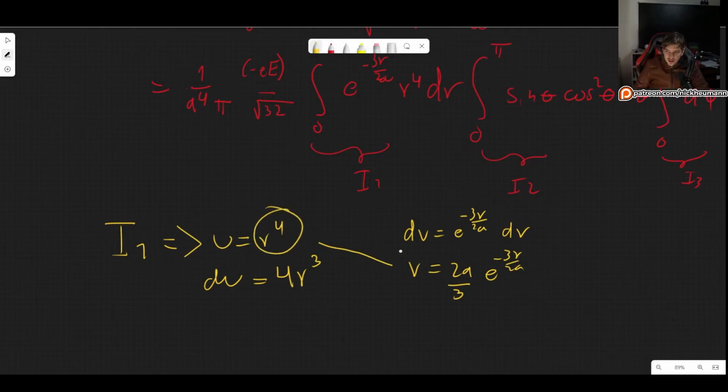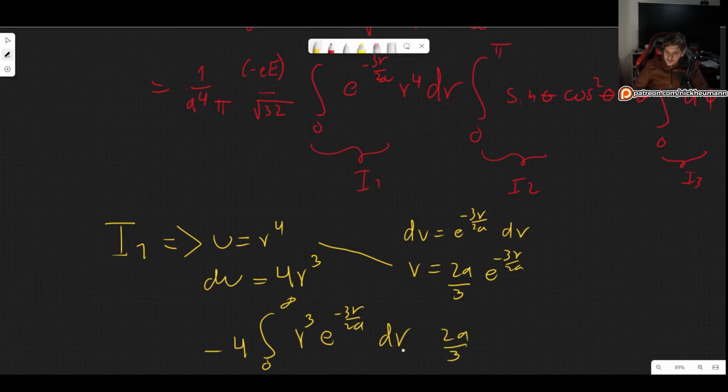And at 0, this part is 0. At infinity, this part is 0. So that part is always 0. So you end up with minus 4 times the integral from 0 to infinity of r cubed times e to the minus 3r over 2a dr times 2a over 3. So you get the same thing as before, but with 4 and with this.